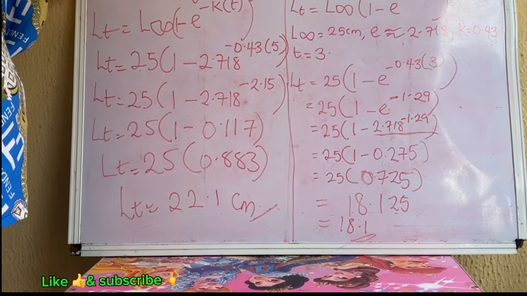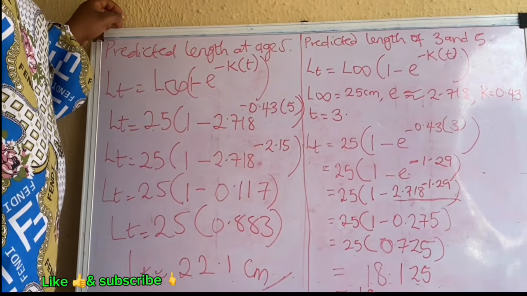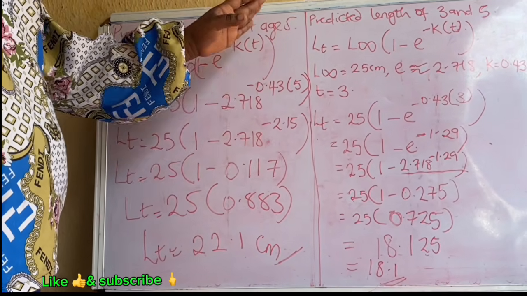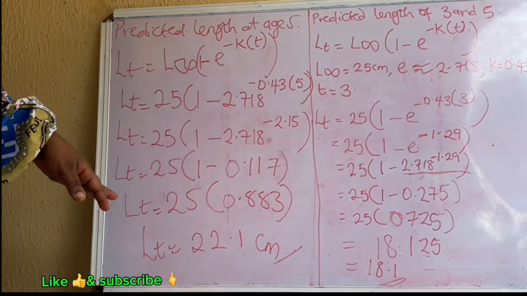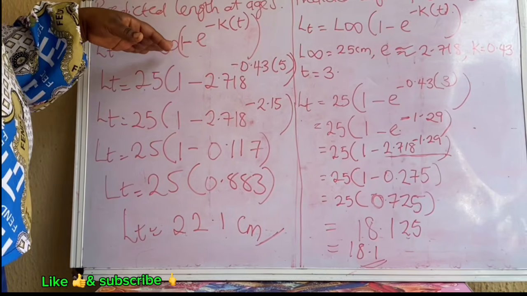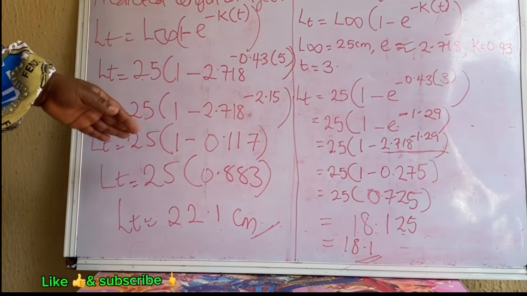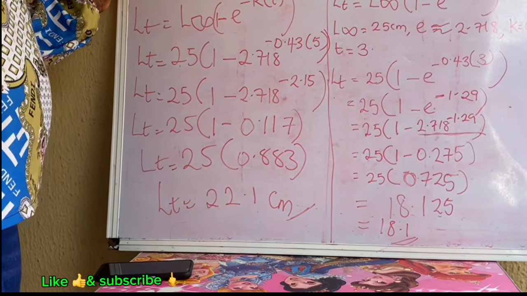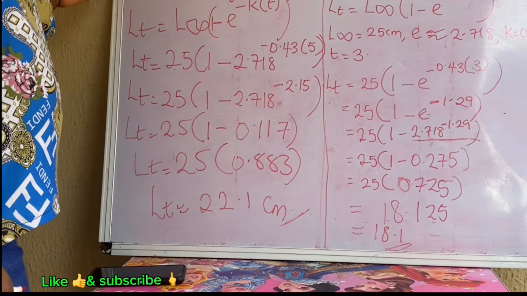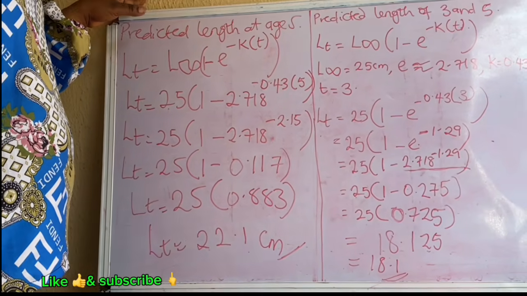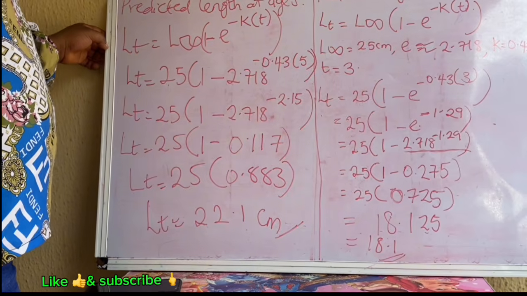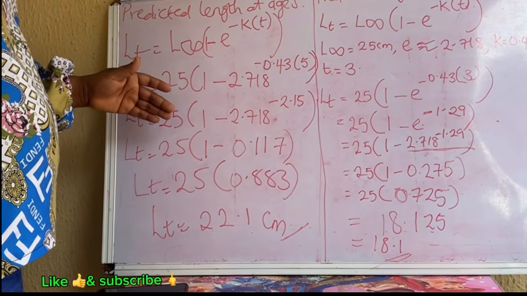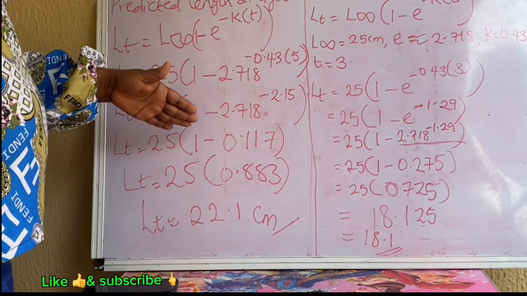It's on the age and length, to predict the future trend of the sample within this data. You see that the asymptotic length is 25 centimeter, so if you're asked to calculate the asymptotic length or predict the future trend, just know that at younger age the fishes tend to have a rapid growth.